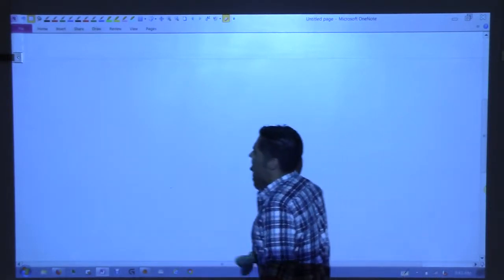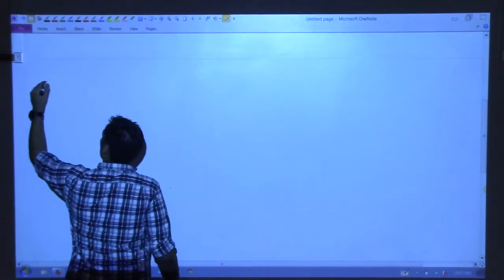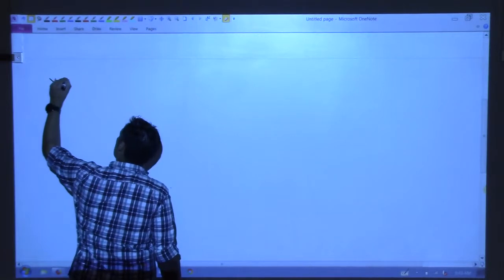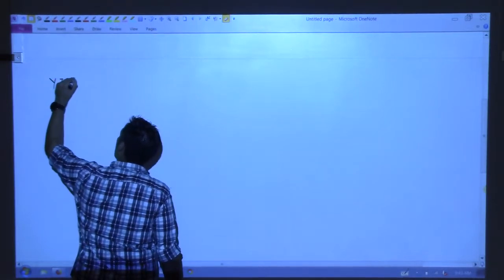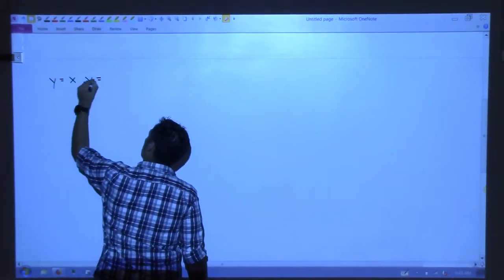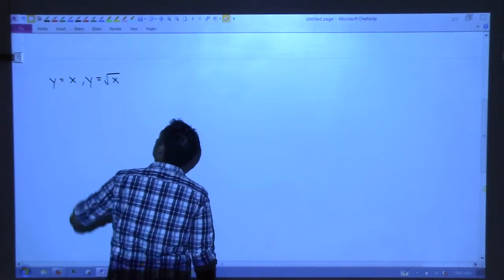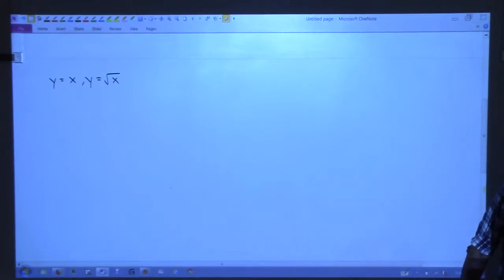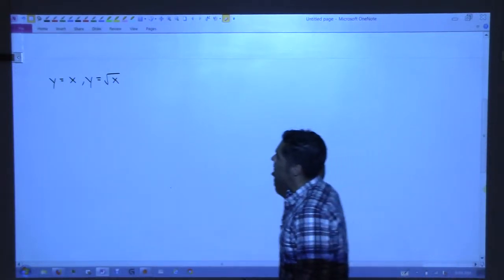All right, let's take a look at this right here. Let's say that you're given y equals x and y equals square root of x. We're going to do some very basic functions here.